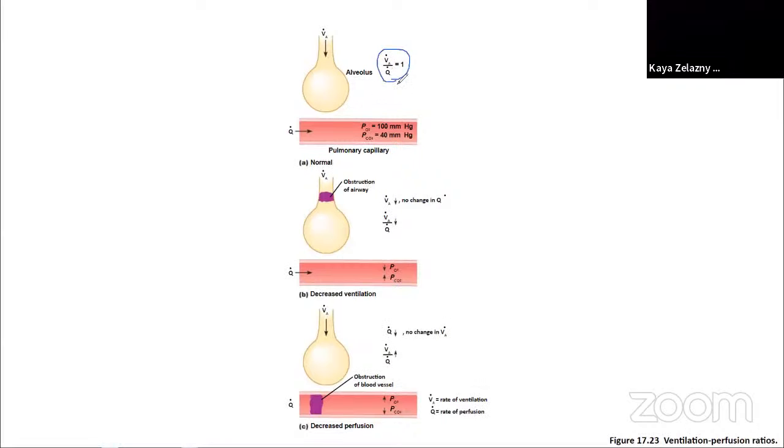Our normal situation is that the rate of air going in to the alveoli is pretty much the same rate as the blood flowing past them in the pulmonary capillaries. So what we're checking to figure out what kind of blockage we may have is whether we are above or below 1. So we're looking at changes in this ratio.